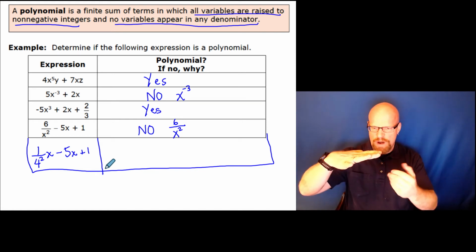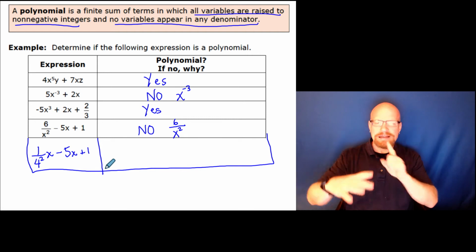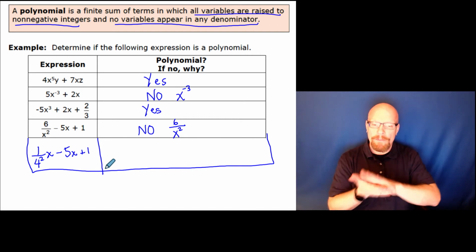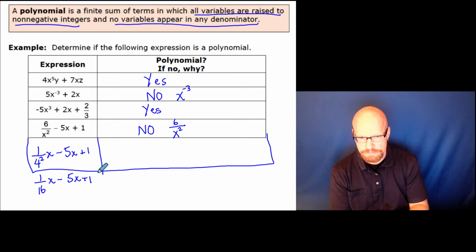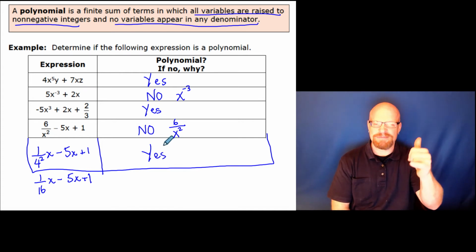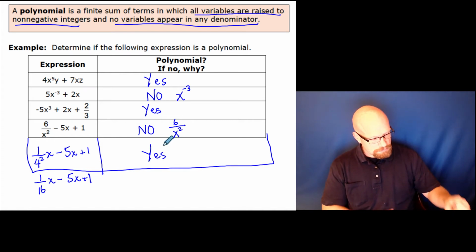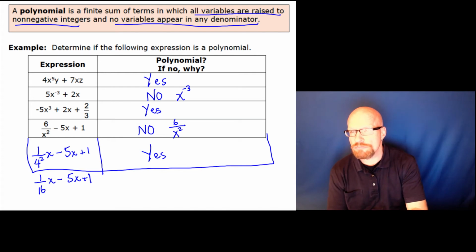Has it been disqualified for some reason? It has 4 squared in the denominator, but that's a number. It's not a variable. We can simplify this. And this is a polynomial. Now, on to the next part of our vlog.